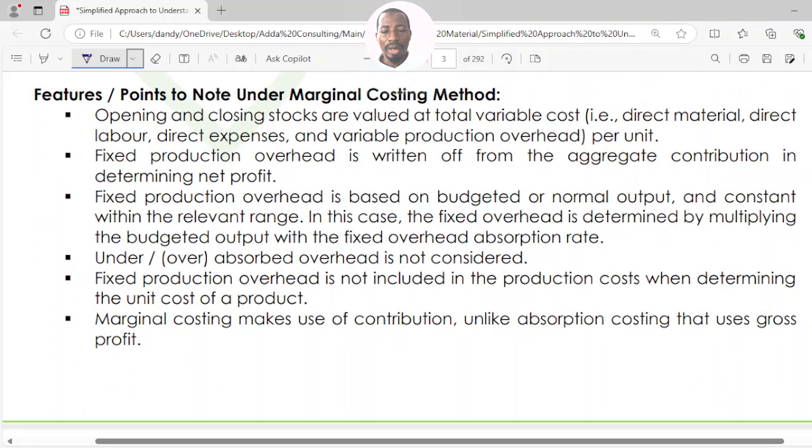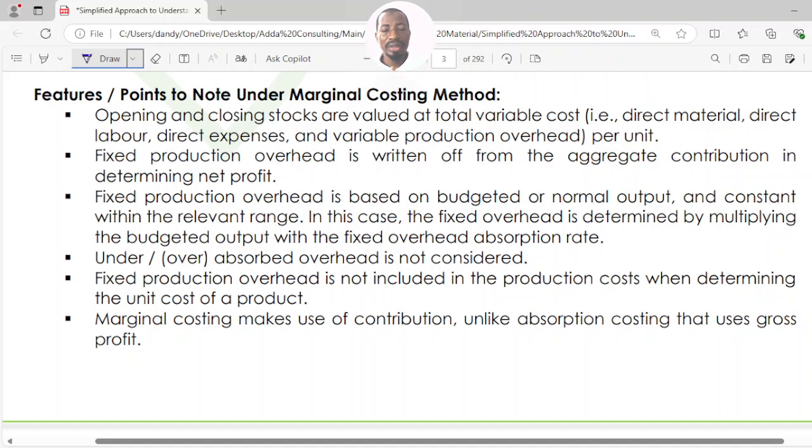Now, anytime you want to prepare the income statement using the marginal costing approach, there are some features or points you must take into consideration. Using the marginal costing approach, opening and closing stocks are valued at total variable cost per unit.